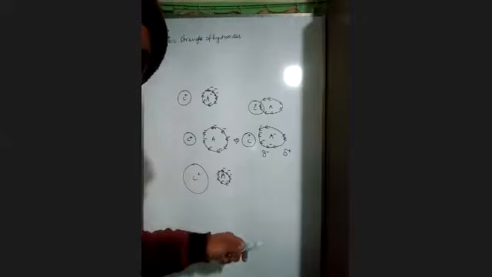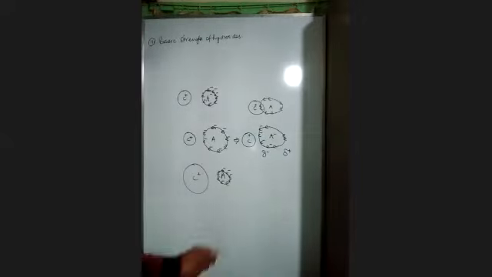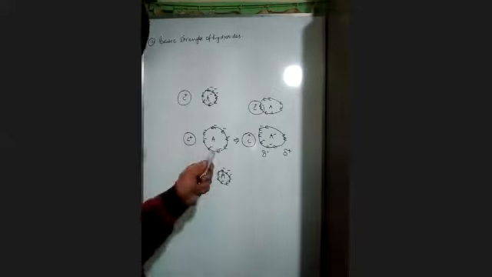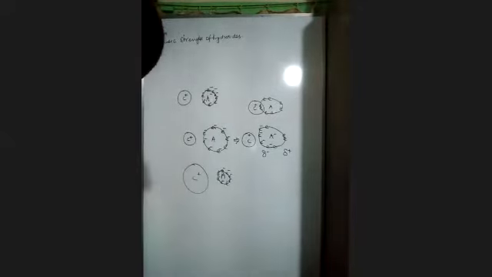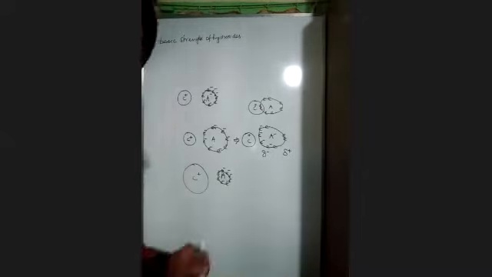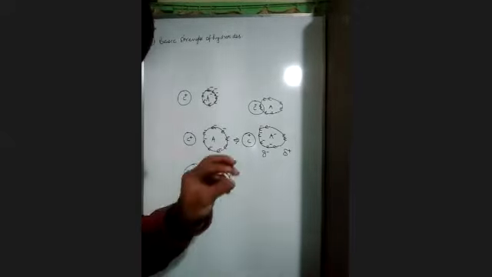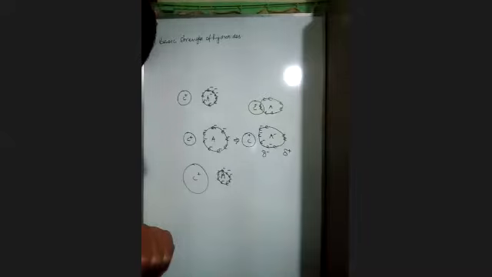Because of that, if you go to alkali metal halides, they are highly ionic. But lithium chloride has some covalent character. Lithium fluoride is ionic, fluoride is a very small atom, it cannot polarize the electron cloud.